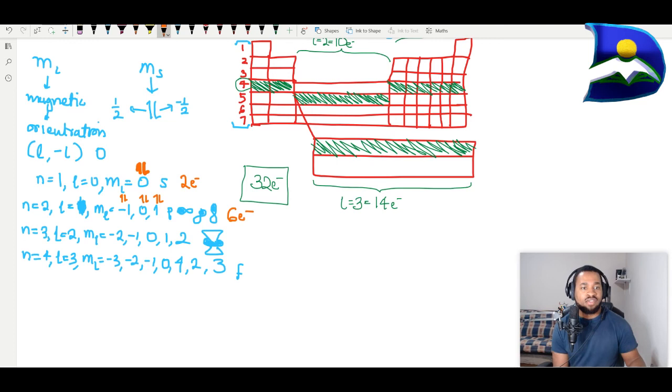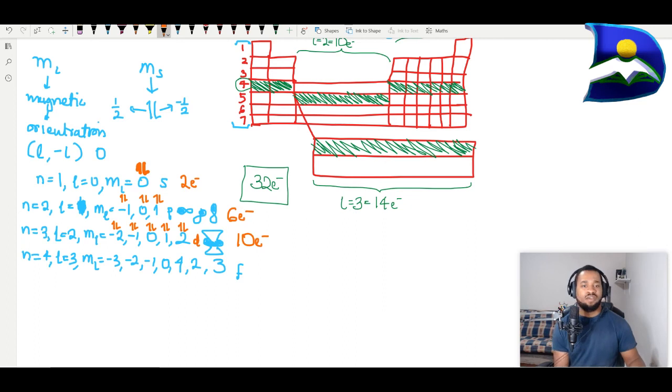And for the d orbital, we have 1, 2, 3, 4, 5, and then 6, 7, 8, 9, 10, which is shown here as 10 electrons.